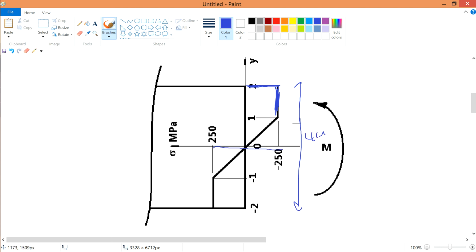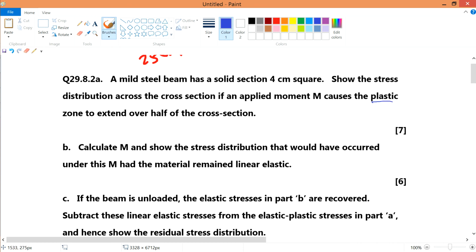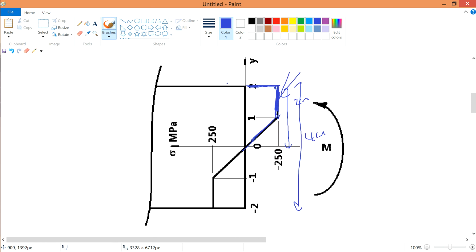With the neutral axis, this becomes 2 cm, and because it's a half plastic stress distribution as described over here, causing the plastic zone to extend over half of the cross section, this part over here is plastic and the rest is still elastic, something like this. So this is the zone we call the plastic zone.